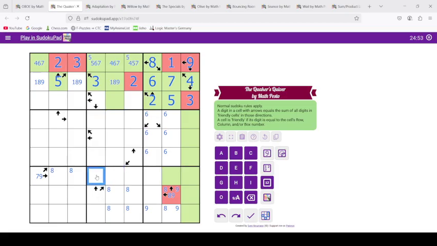Could this be a 7? If that were a 9, yeah. All the rest supposed to be unfriendly, that'd be a 1. If this was friendly, it'd be a 7. All the rest of these would be unfriendly.